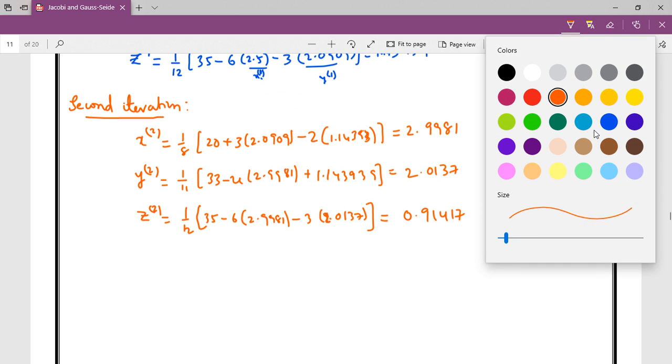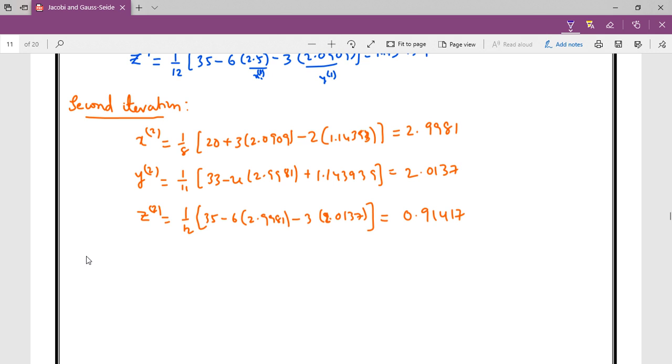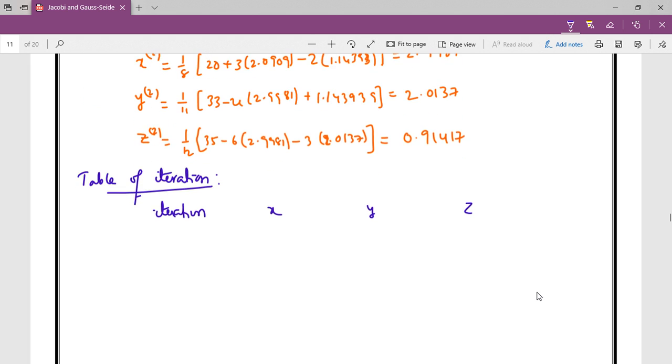So let me have the table for the third iteration. So in the table of iteration, I have iteration, and this is an x value, this is y value and z value.